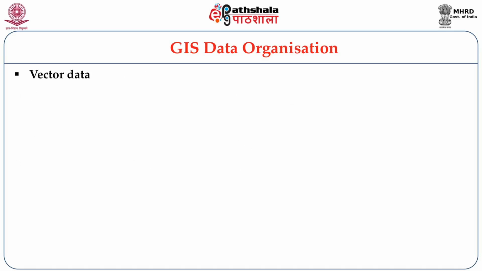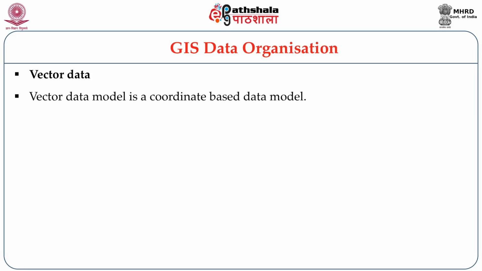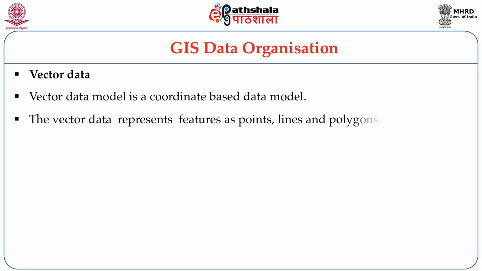So the next format is the vector data. Vector data is usually used for data models based on the coordinate data model. The vector data represents features as points, lines, and polygons.